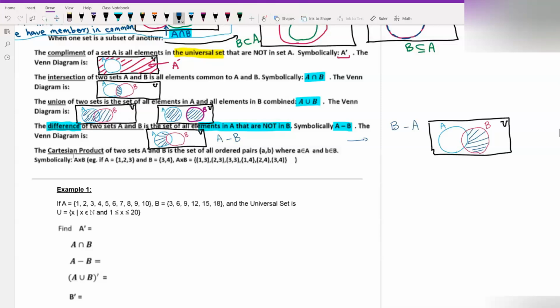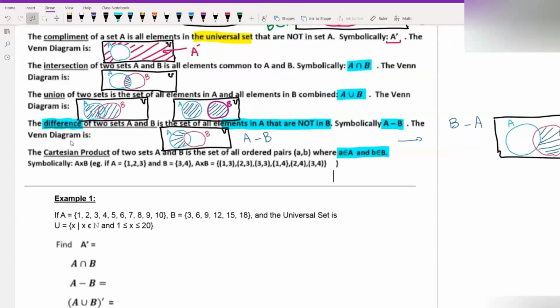Next part, the Cartesian product of two sets A and B is a set of all ordered pairs (a, b), where a belongs to set A, and b belongs to set B. So this is A multiplied by B, multiply these two sets, it's the Cartesian product of two sets.